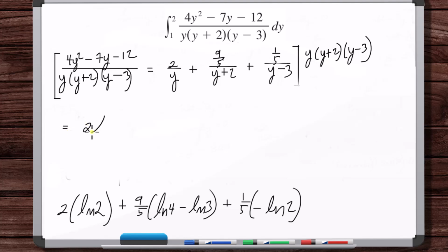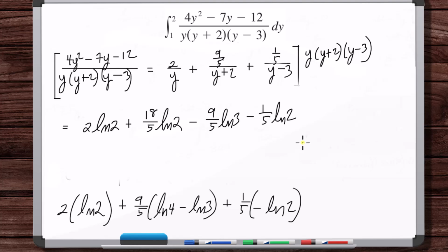All right, so we've got 2 natural log of 2 plus, so natural log of 4 is natural log of 2 squared. We could bring that 2 out to the front. So we've got 18/5 natural log of 2 minus 9/5 natural log of 3 minus 1/5 natural log of 2.